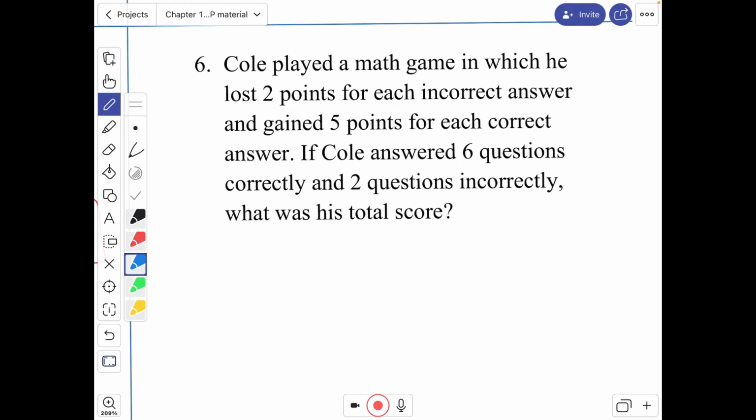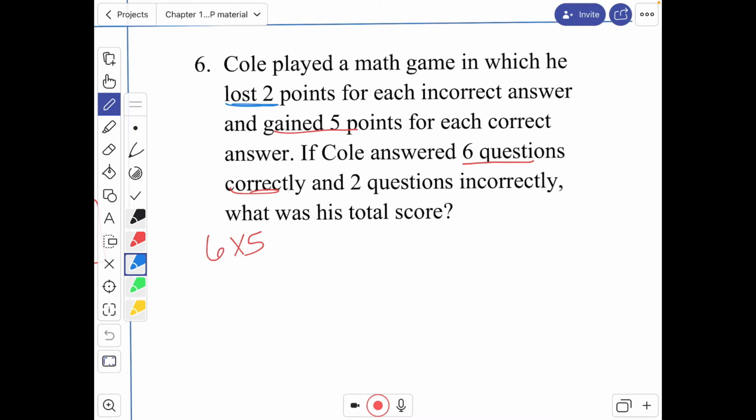Number 6. Cole played a math game in which he lost 2 points for each incorrect answer and gained 5 points for each correct answer. If Cole answered 6 questions correctly and 2 questions incorrectly, what was his total score? He got 6 questions correct, and he gets 5 points for each correct one.